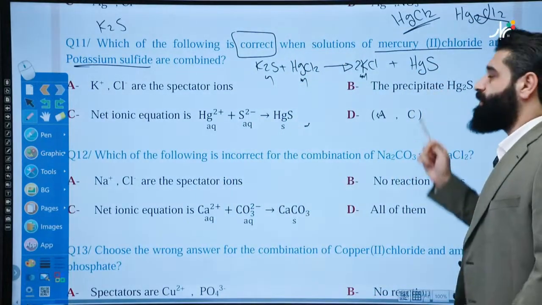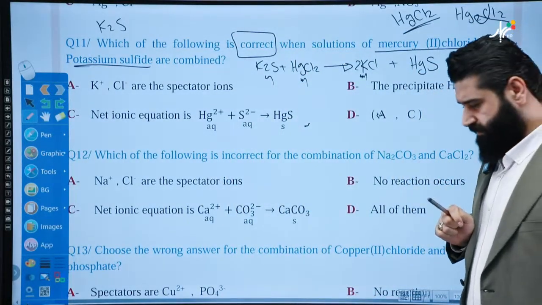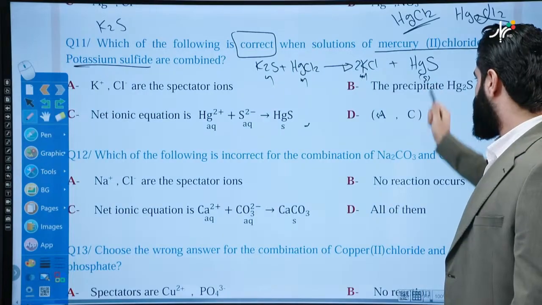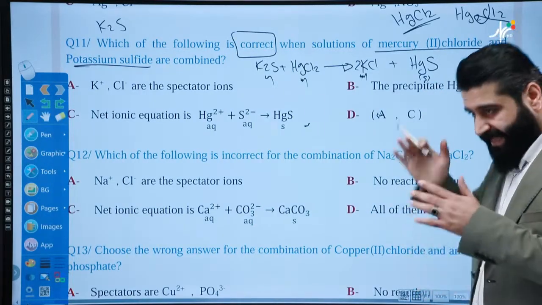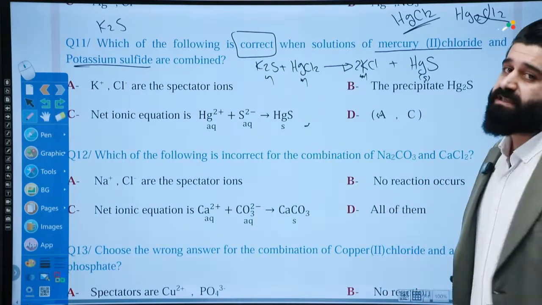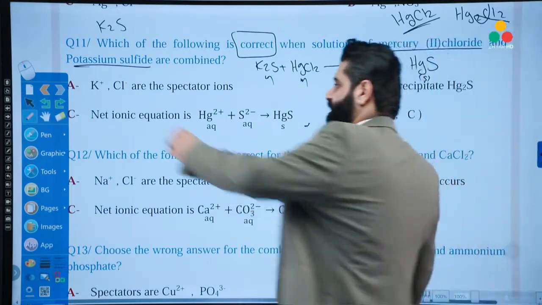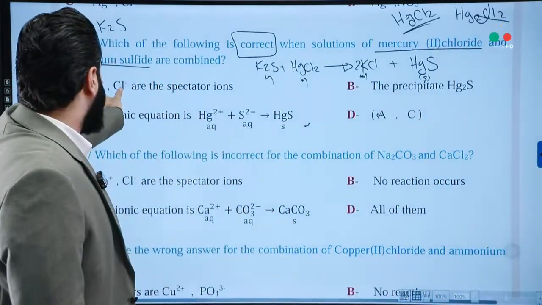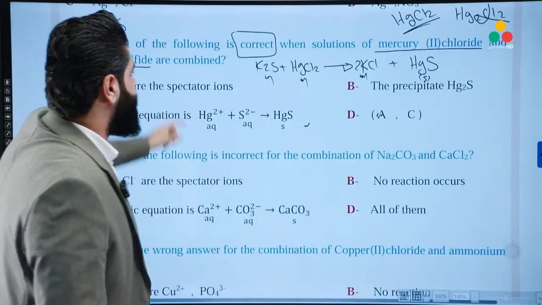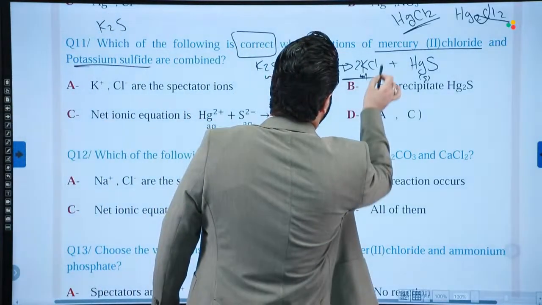So is Hg a member of group 1A, 2A, or ammonium? No, that means it's a solid. But group 1A, 2A, and ammonium with S become water-soluble aqueous compounds. Okay, let's see. The first one: K and Cl are the spectator ions. Yeah, true. Here we have the aqueous.